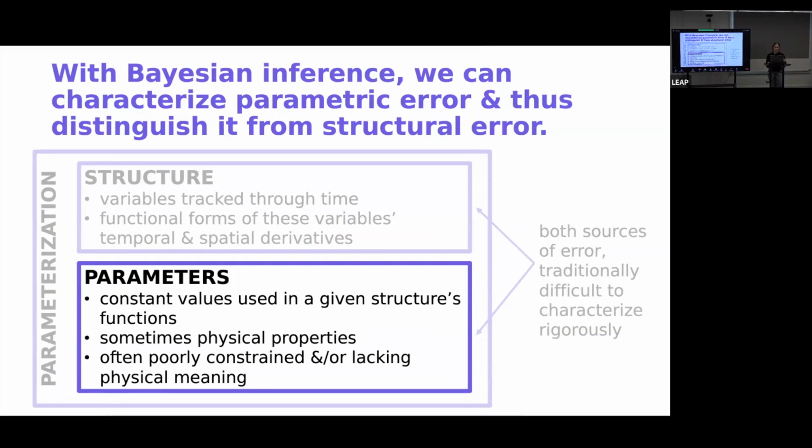And we can also distinguish what is coming from parametric error, because we've explored a very broad parameter space rigorously. That will allow us to distinguish parametric error from structural error, where we actually just need to change the fundamental assumptions of our parameterization rather than just choosing different parameter combinations.